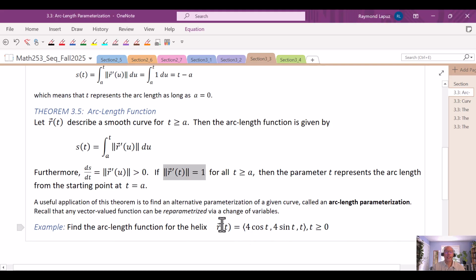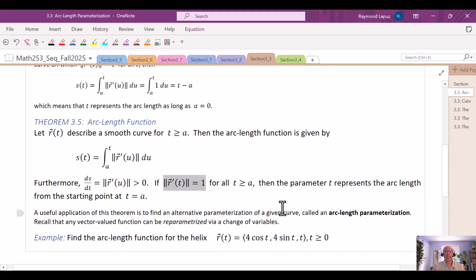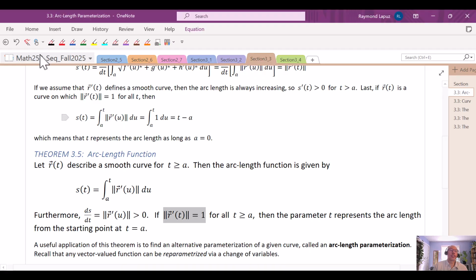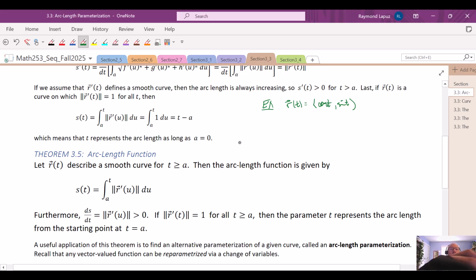Okay, so let's show that this actually works for this parameterization. r of t is equal to cosine t, sine t. And so we do the derivative of that, we get the magnitude of the derivative.